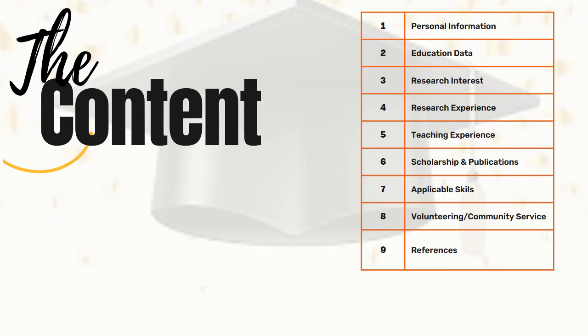Seven, applicable skills. Eight, volunteering or community service. Nine, references. Now let's dive into discussing each part of this CV that can fetch a GRA or a GTA position.